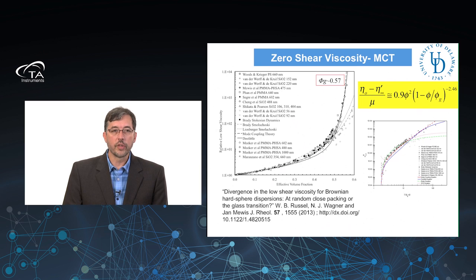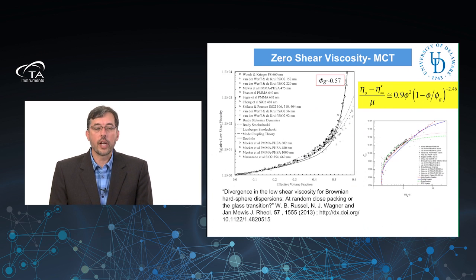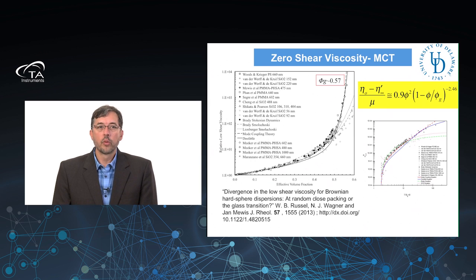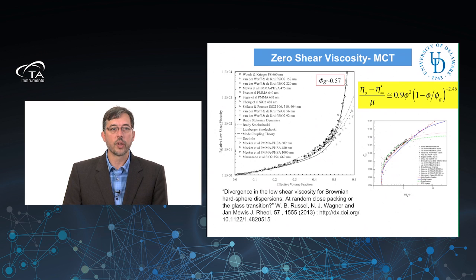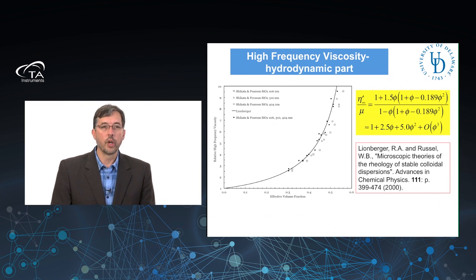You can see that Brownian viscosity contribution ranging over many, many orders of magnitude with volume fraction of the particles, and the mode coupling theory, the dashed red line, goes through the data. You can read more about this in the paper if you want, but that simple theory shown above, which diverges with a power law exponent of minus 2.46 and comes from mode coupling theory, is the best of the various theories that we found to represent the Brownian viscosity of hard spheres. The hydrodynamic part has been known for a number of years.